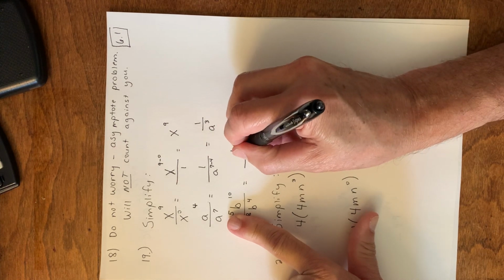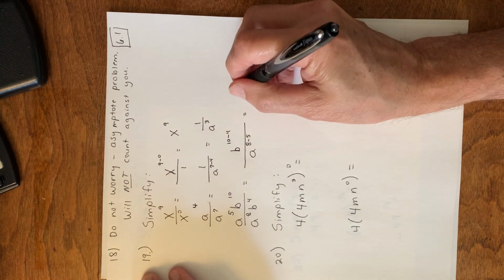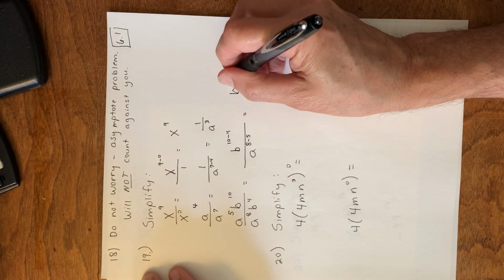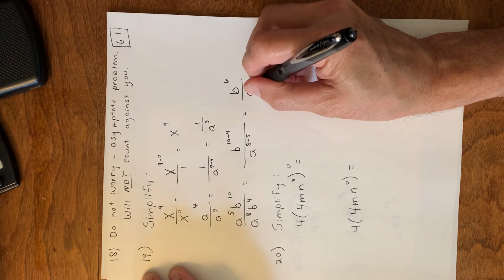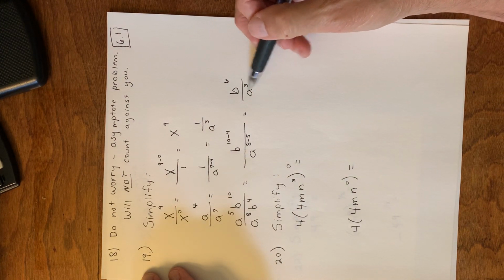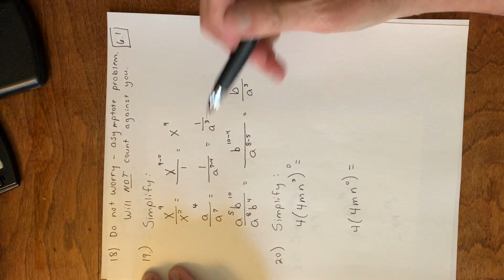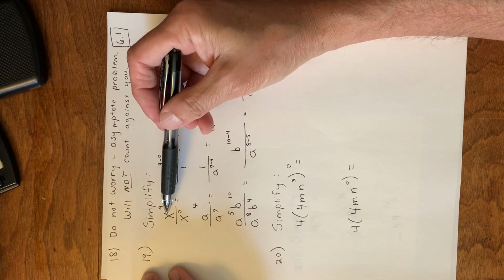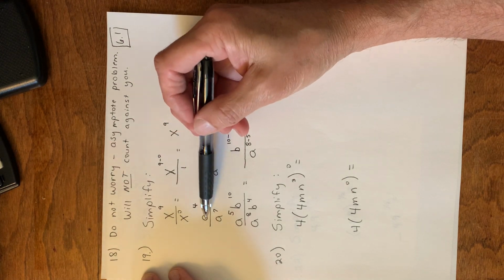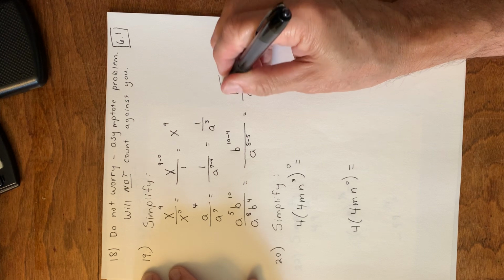That's where I'm going to do my subtraction. Now I don't combine these, I don't subtract any exponents here, because notice different bases. This third property of exponents only applies when the bases are the same. So this is the final answer.